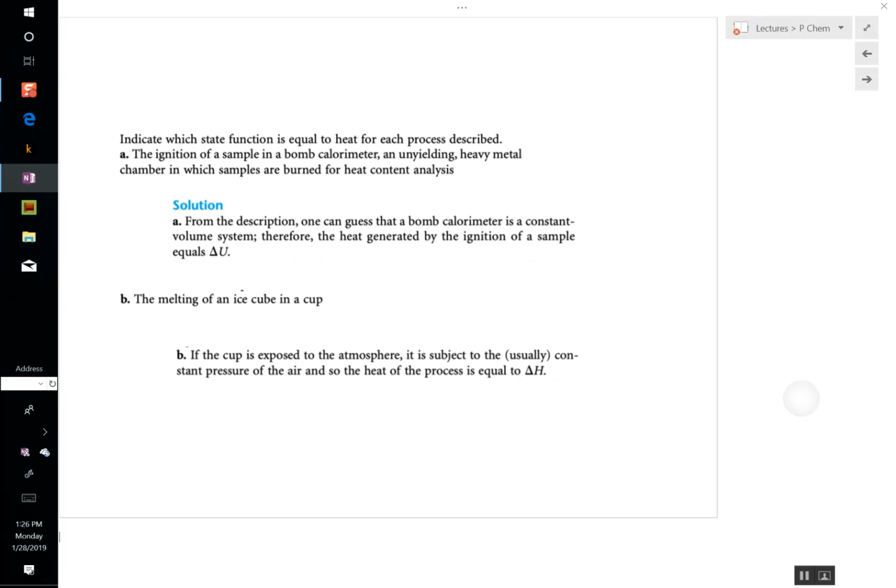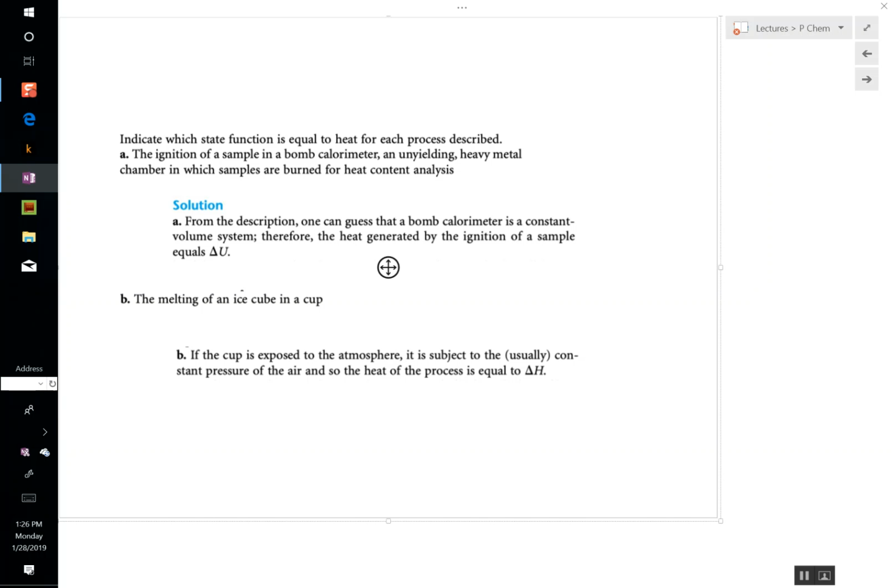These are some examples again from the book: indicate which state function is equal to the heat for each process described. The ignition of a sample in a bomb calorimeter. Samples are burned for heat content analysis. The bomb calorimeter is a constant volume system.